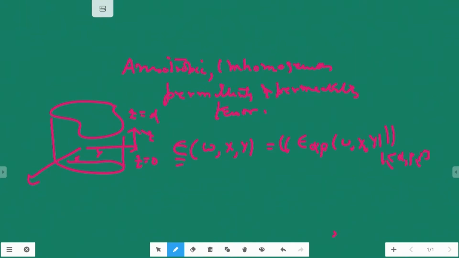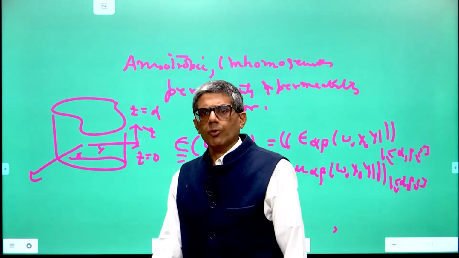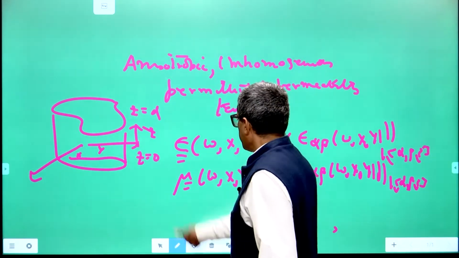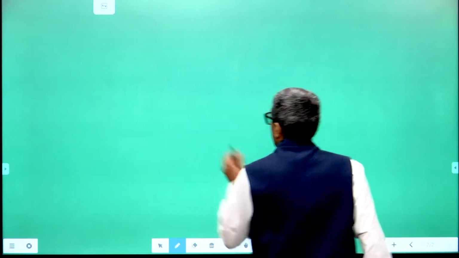And likewise for mu, you have mu as a function of x y, which is mu alpha beta of x y, 1 less than or equal to alpha, beta less than or equal to 3. This is a 3 cross 3 matrix. So, you have an anisotropic and inhomogeneous permittivity and permeability tensor. So, what are Maxwell's equations?